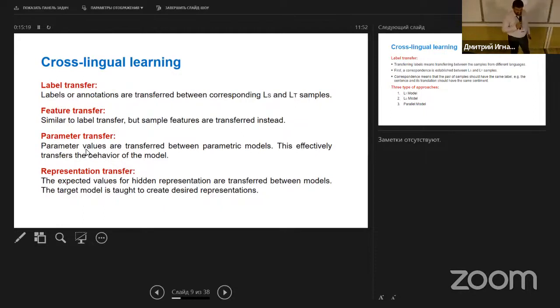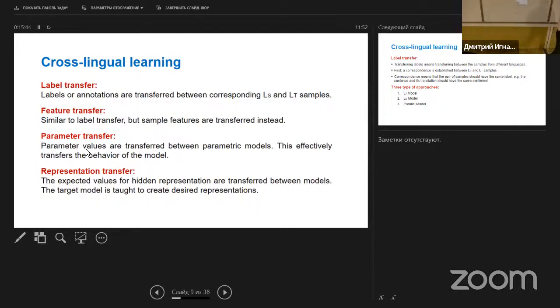The third one is parameter transfer. This approach is applied only to parametric models, because it cannot be applied to non-parametric models like decision trees.